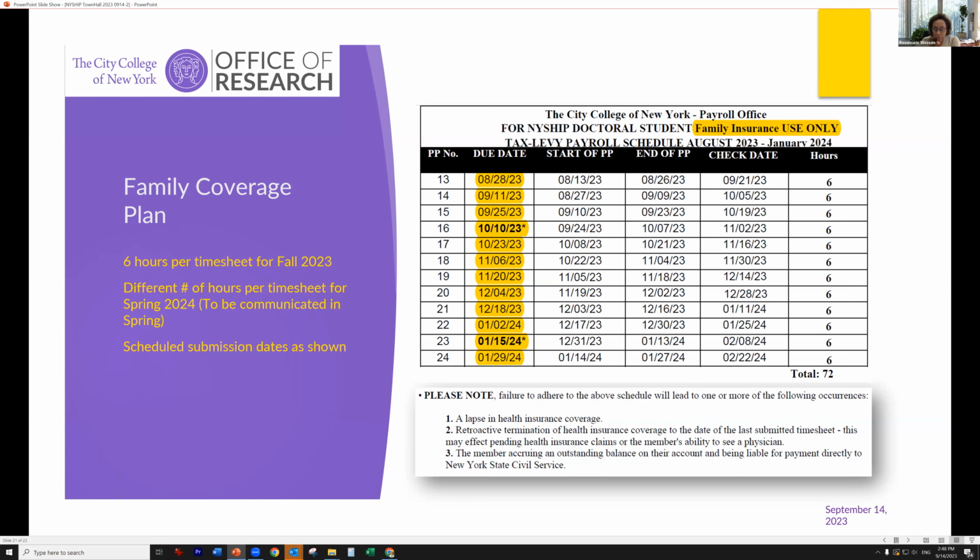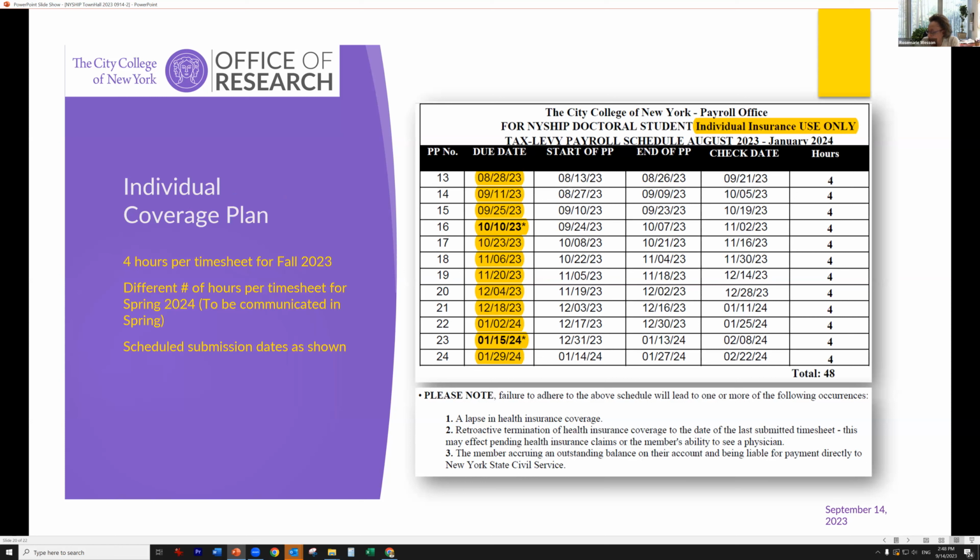So relative to this chart, either the family or the individual chart that you showed, Alan, can a student or a faculty member change these hours in a pay period? They can change it, right? But we don't recommend they change it. They should stay with this schedule as much as possible.